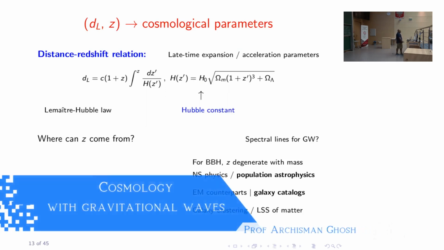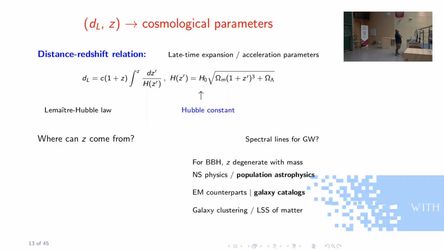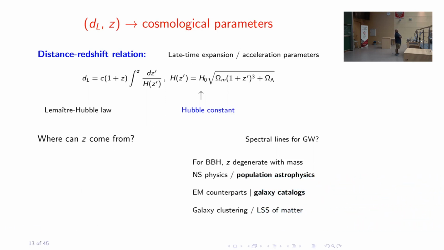The question now is, are there spectral lines for gravitational wave sources? What do you think? Do you mean there's a spectrum of gravitational waves? Are there spectral features in gravitational wave sources?